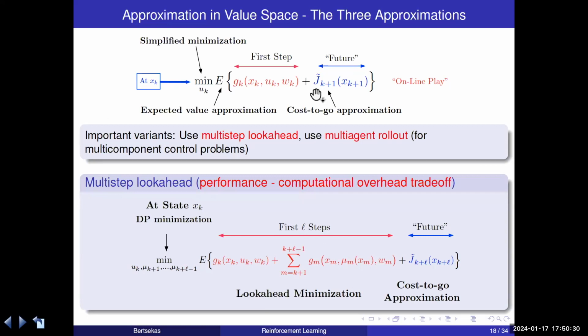This is also a dynamic programming problem of horizon 1. This is a dynamic programming problem of horizon L. I'm not saying that this is an easy calculation, but it's easier than the original problem. Plus, you can also do simplifications here, which will make it even easier. Okay, I'm sorry, I didn't understand your question.